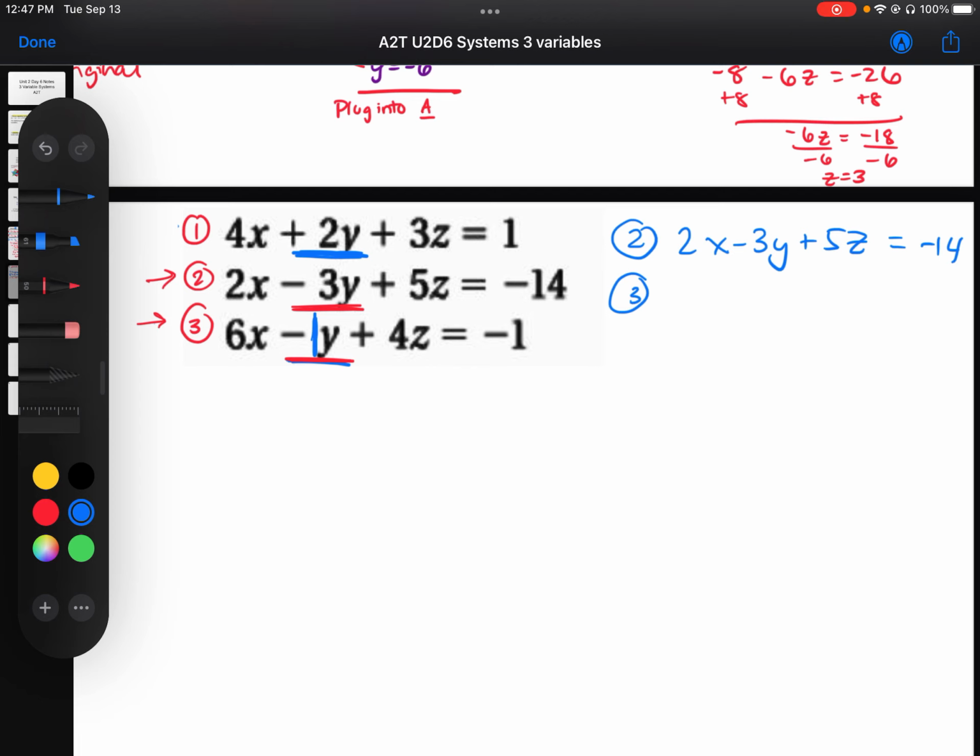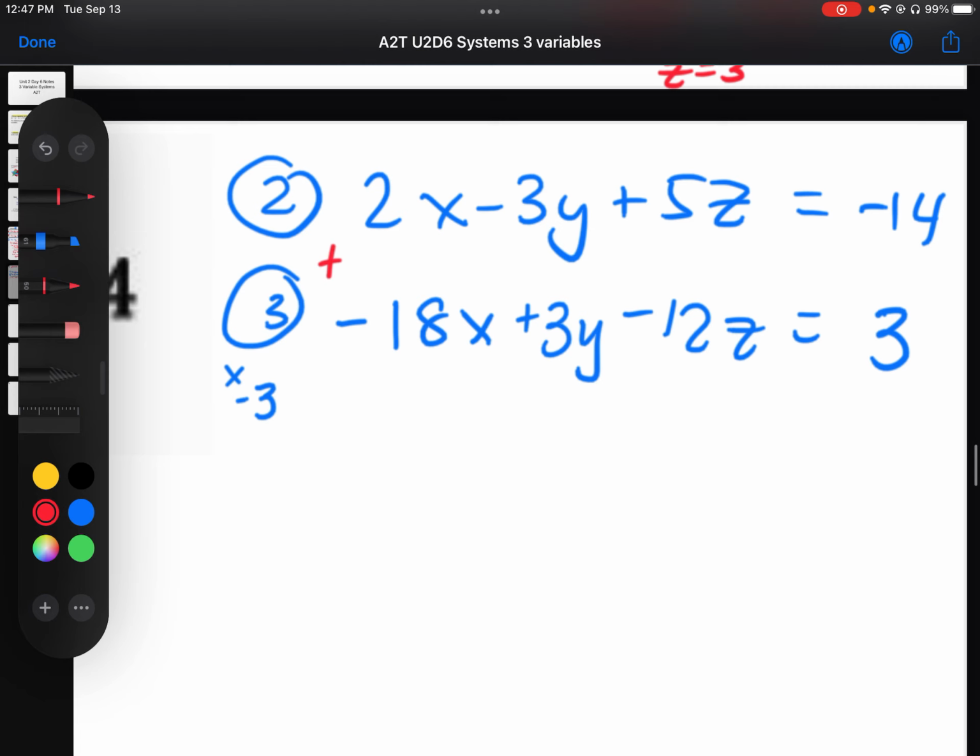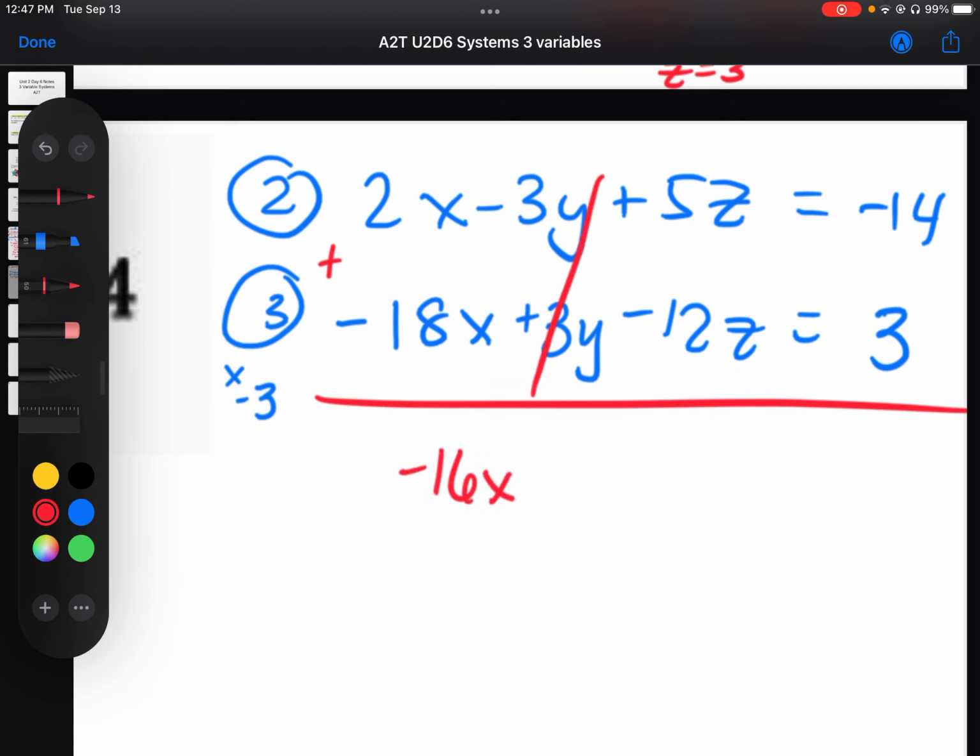Equation 3, we're going to multiply by a -3. So this becomes -18x plus 3y minus 12z equals +3. Let's add them. So I get -16x, y's cancel, minus 7z equals -11. That would be what I might call equation B.